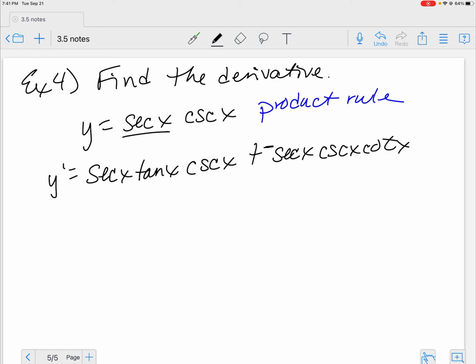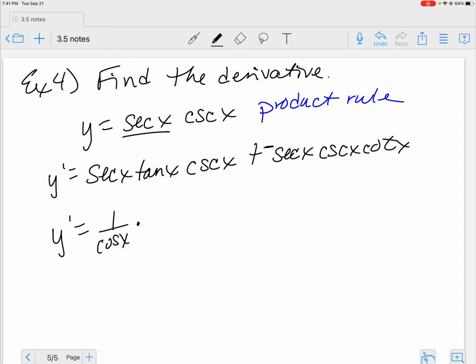All right, now look at this mess here. What do secant, cosecant, tangent, and cotangent all have in common? Yeah, we could rewrite those in terms of sine and cosine, right? Do you remember back in your trig days when you wanted to simplify stuff, you put it in terms of sine and cosine? So let's do that right now.